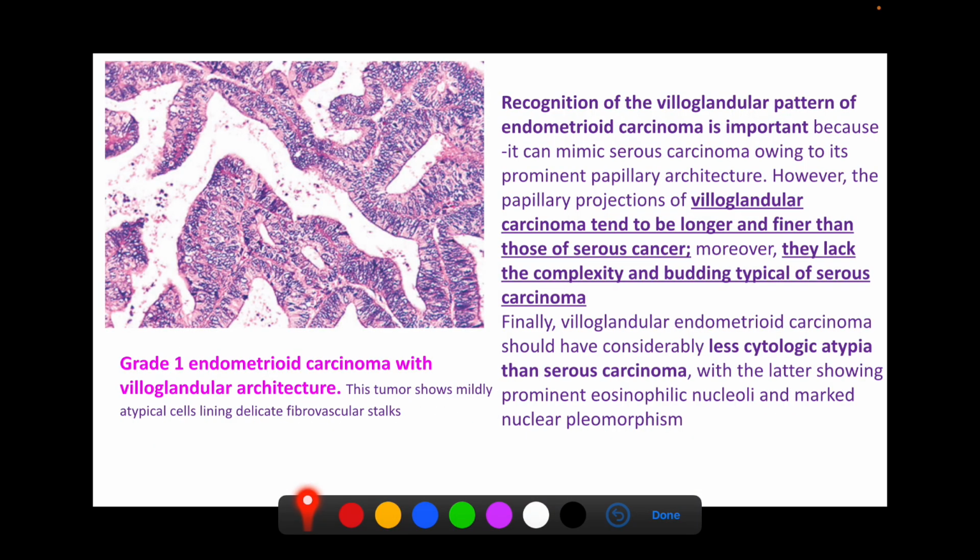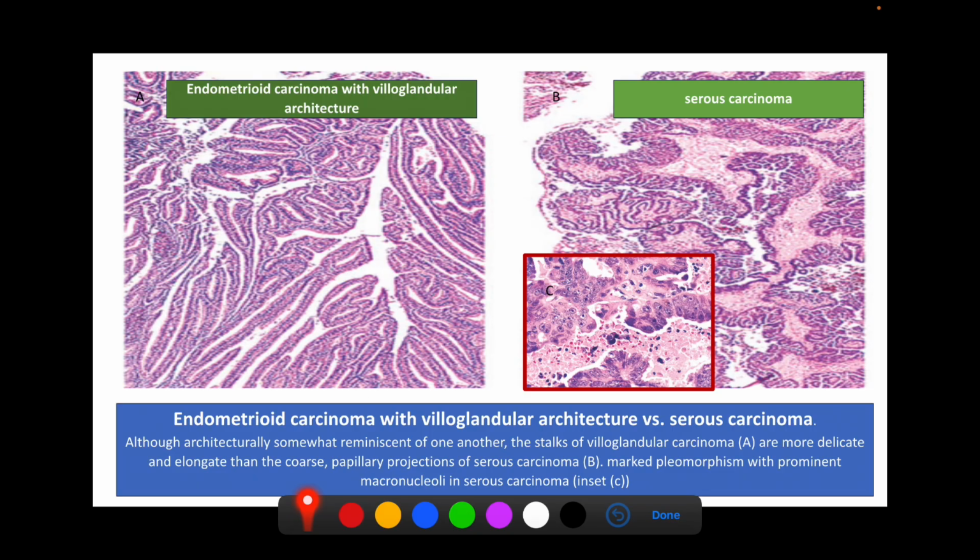This is villoglandular architecture, where there are finger-like projections or papillary formation with fine delicate fibrovascular core, and if a complex pattern of this fibrovascular core and papilla is there with marked nuclear atypia, it is suggestive of serous carcinoma.